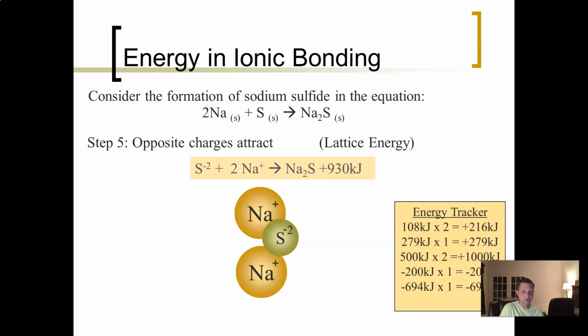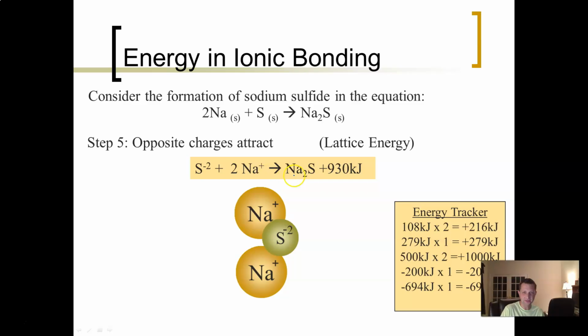So when you write your equation, if you look this up, it's 930 kilojoules. It's a negative 930 for your delta H. So how do you write it? S minus 2 plus 2Na plus yields Na2S. Guess what? It's basically your formation equation, but in the ion form here.